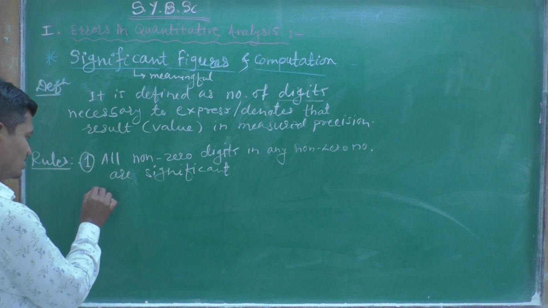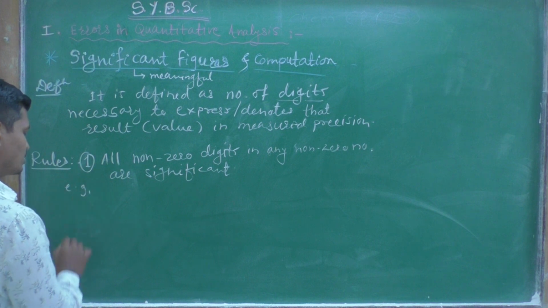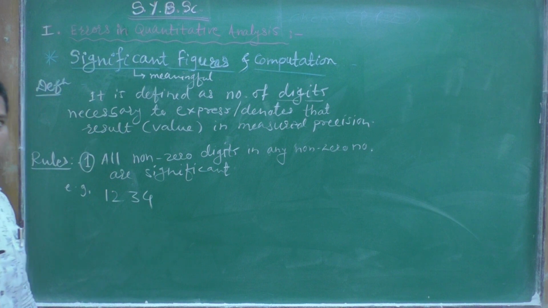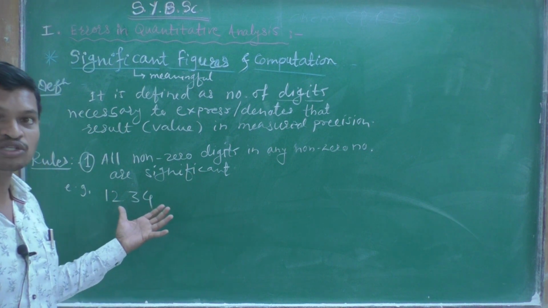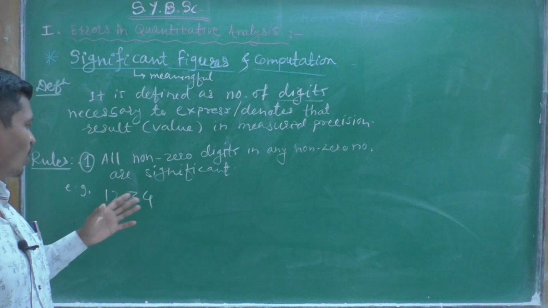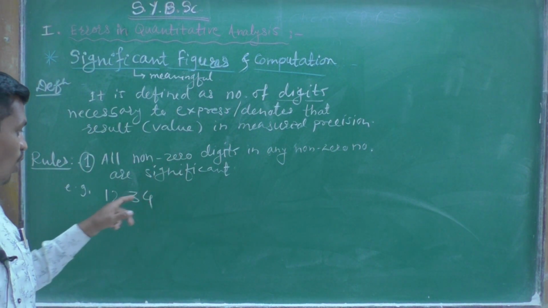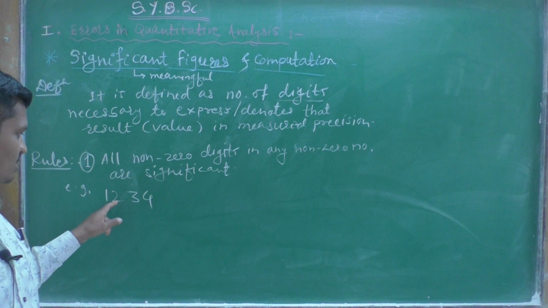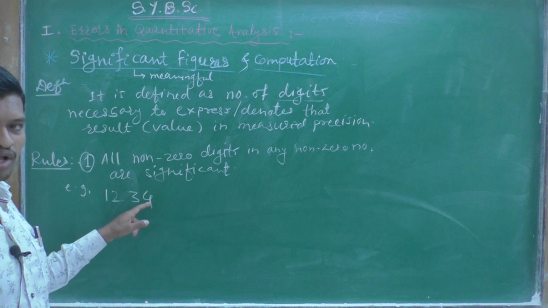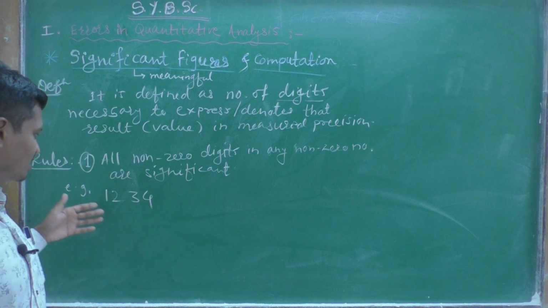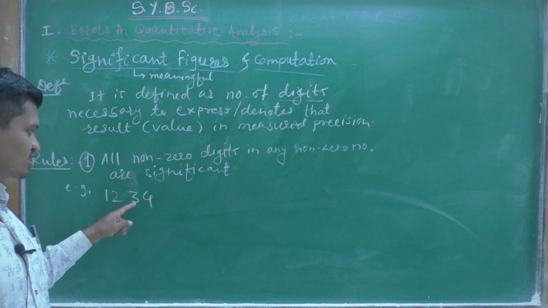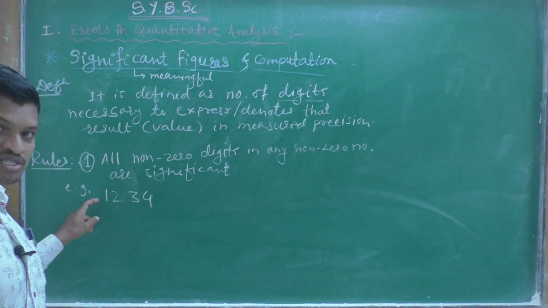For example, 1234. This is a non-zero number and all the digits are non-zero. This digit is 1, this is 2, this is 3, this is 4. I am not saying they are sequentially 1, 2, 3, 4, but the value of this is 4, of this is 3, of this is 2 and of this is 1.